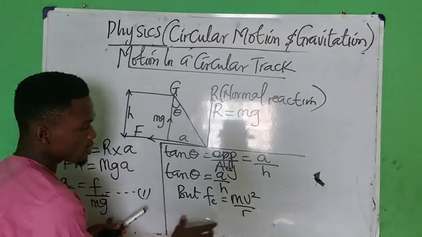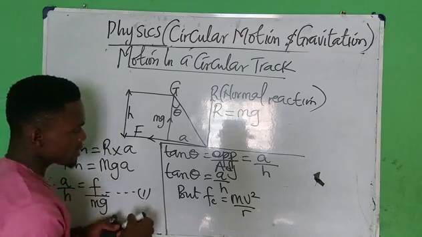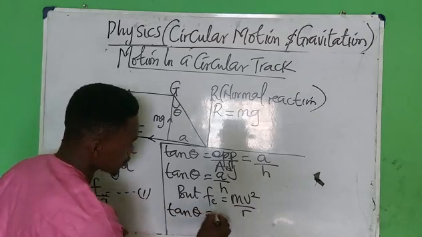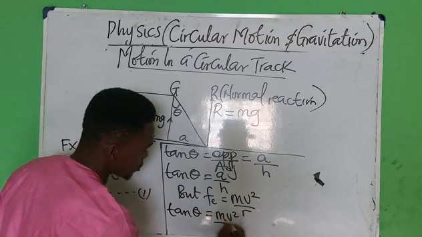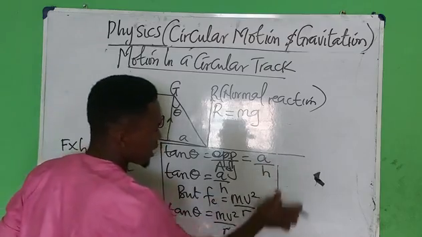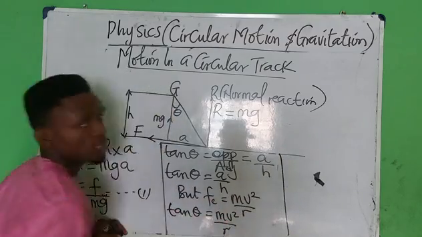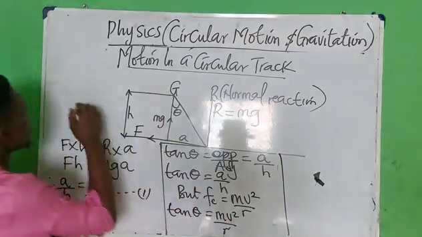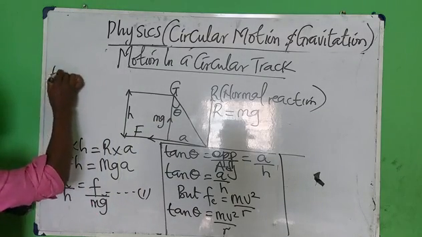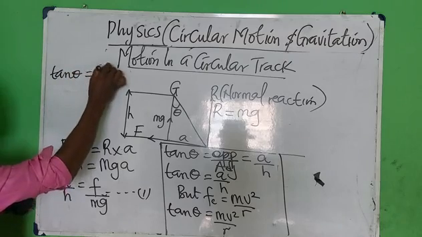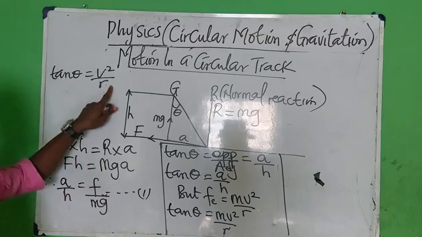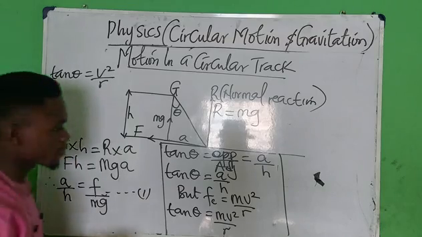Now, since you've gotten to this point, tan theta is equal to mv squared over r. Look at the formula I'm trying to deduce. I'm deducing tan theta is equal to v squared over what? R. This is what I'm trying to deduce. All right, you'll get it very soon.